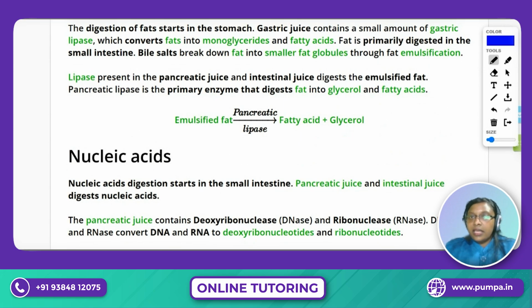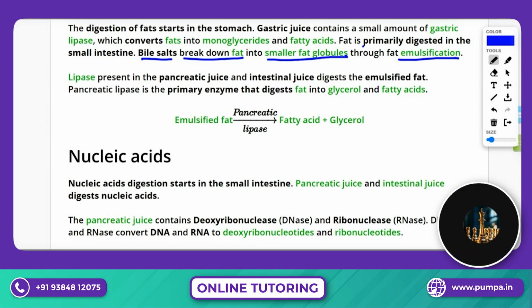This is emulsification. Fat emulsification, important question. The bile salt breaks down the fat into smaller fat globules. This is the emulsification process. Any doubts about the emulsification process, children?